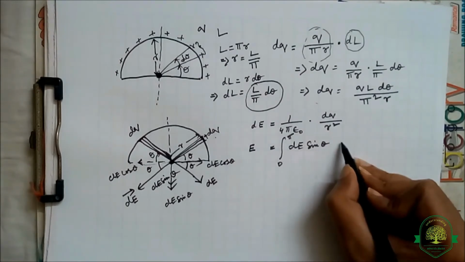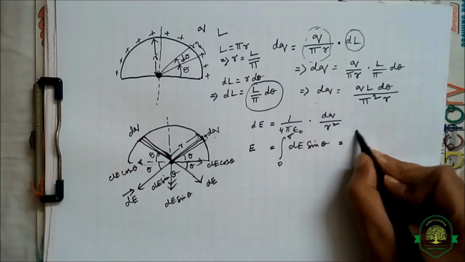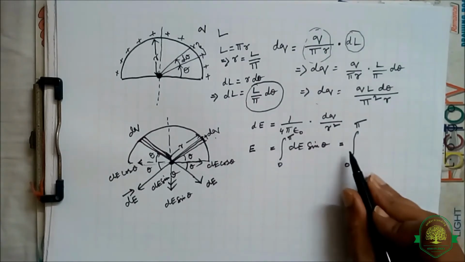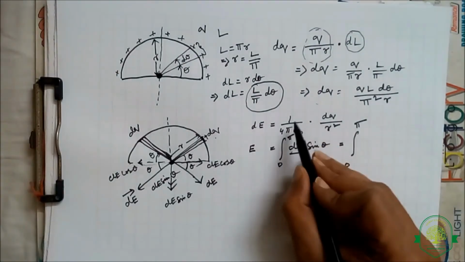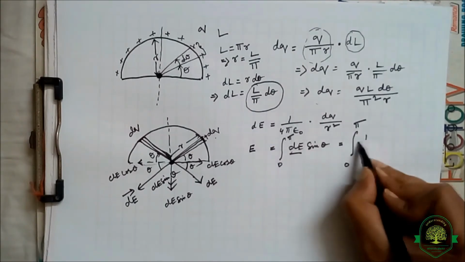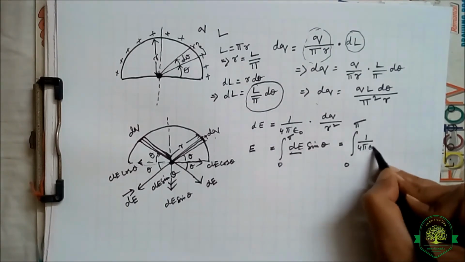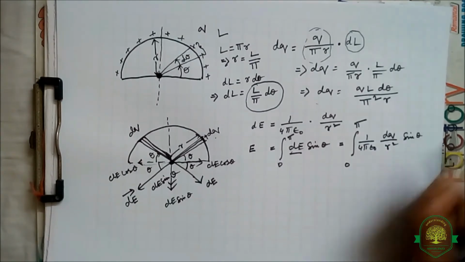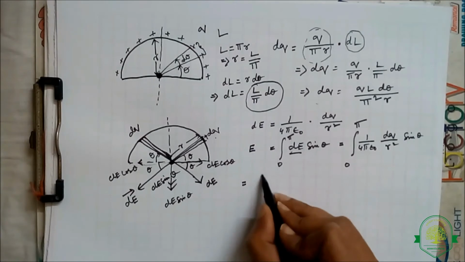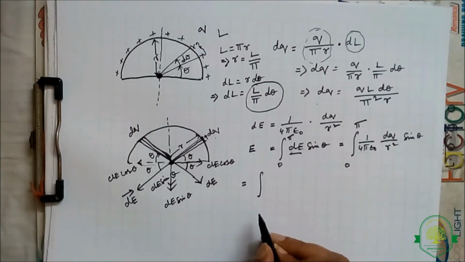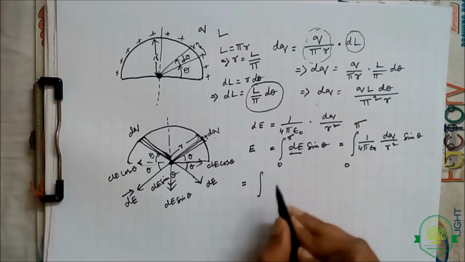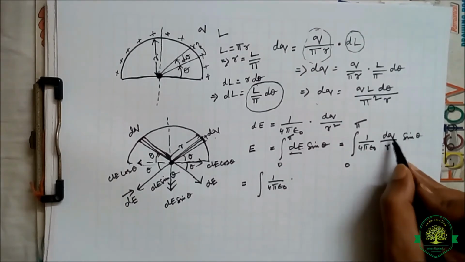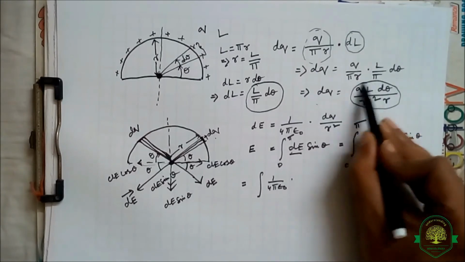So first let us evaluate what this is. So this is integration from 0 to pi dE. What is dE? We know what dE is from the previous line. It's 1 by 4 pi epsilon naught dq over r squared sin theta. So that becomes integration of 1 over 4 pi epsilon naught. We know what dq is from here.